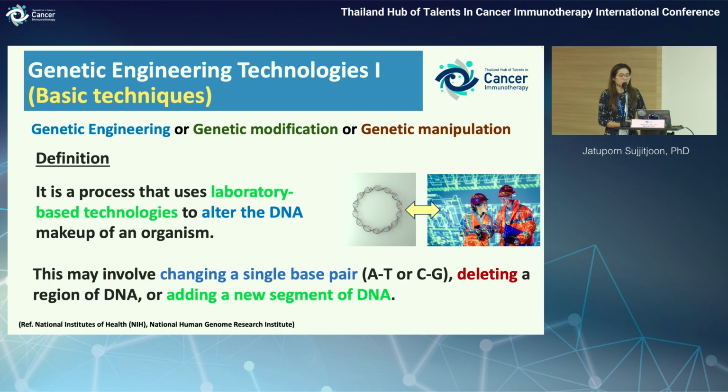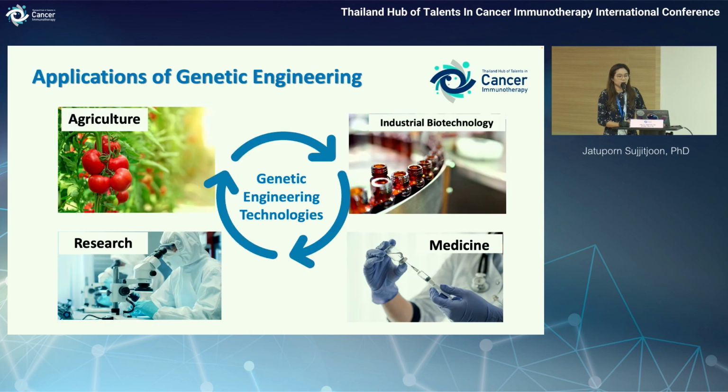This may involve changing a nucleotide, a single base pair, or sometimes deleting a region of the DNA, or adding a segment of DNA to improve the organism's trait or phenotype. Nowadays, genetic engineering technologies are very powerful tools to develop advanced biotechnology that helps to improve our quality of life.